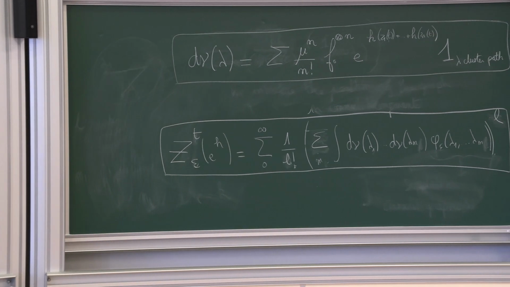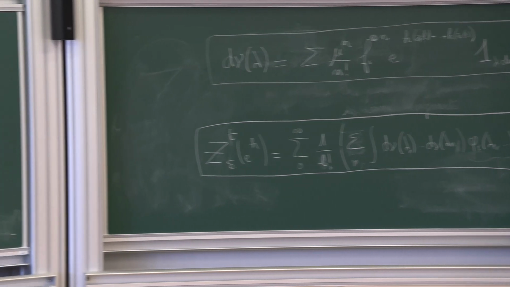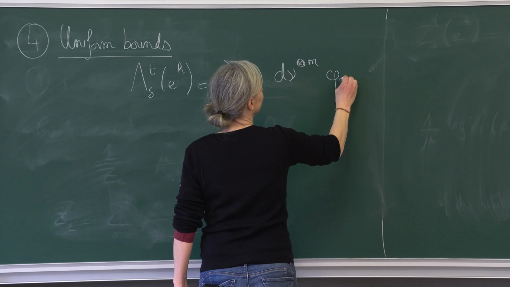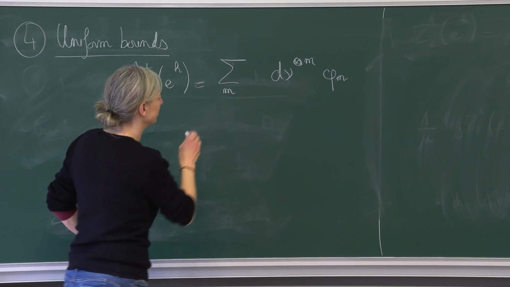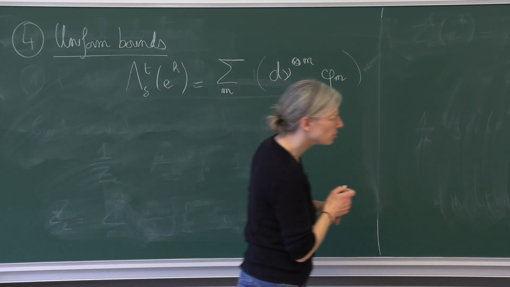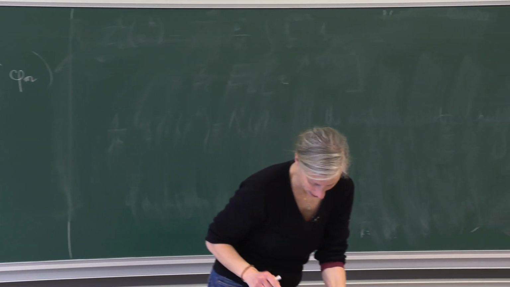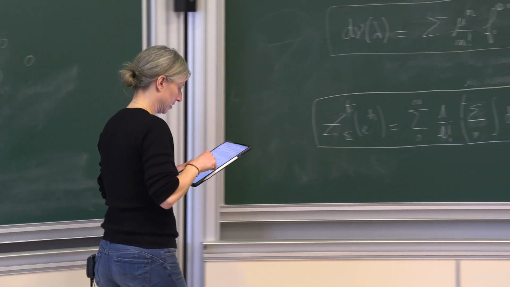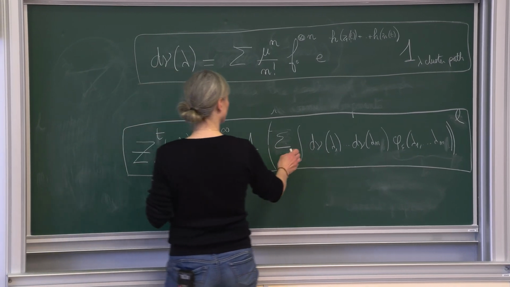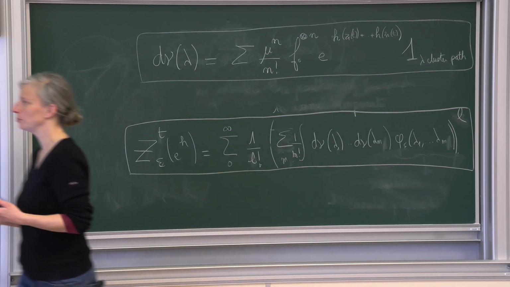So this is the sum over m of something which is just a tensor product of d nu to the n and phi m. If you would like to control this, maybe there is a 1 over factorial m at some point, which is probably missing. Let me check. Yes, there is a 1 over factorial m here. Yeah, this would be complicated.